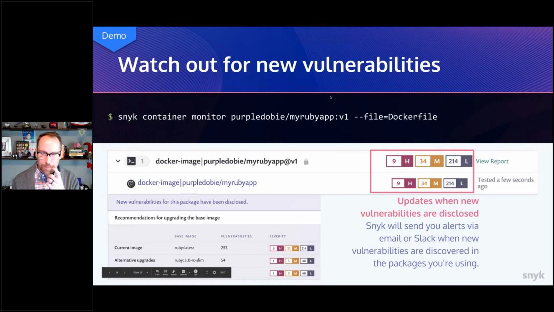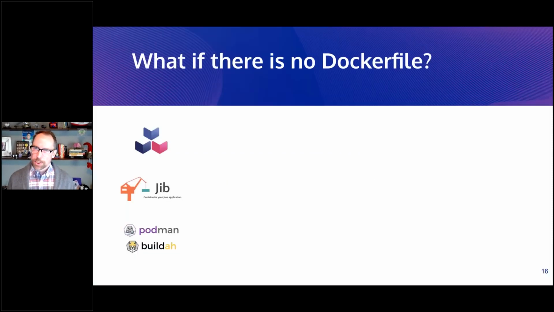And so we'll provide those recommendations, help people get to a better base image to build their containers upon. One question that does come up for folks that are using other tools, right? So not everything is Docker. You can build containers in loads of other ways, and some folks are doing Cloud Native Buildpacks, or they're doing Jib, or they've got Red Hat tools or things like that, right?